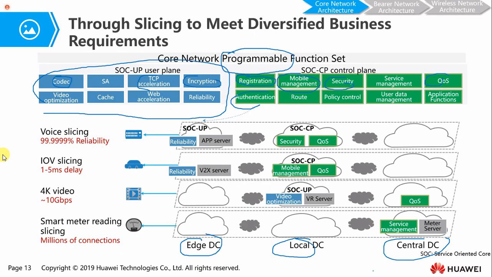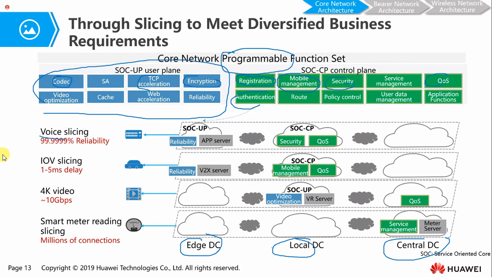The local DC is usually in one city. The central DC is in the capital of one region or province, usually deployed in one big city. Let's look at one example.